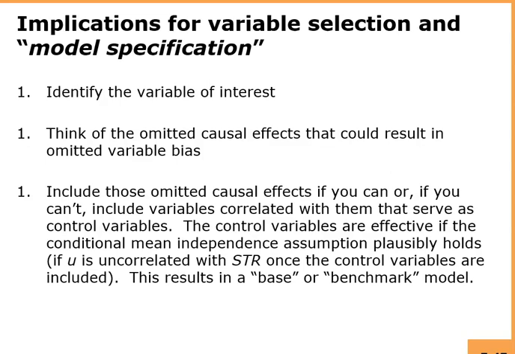So the correlation between u and our variable of interest goes away because of the correlation between the control variable and u, which becomes stronger. That kind of model can serve as our base or benchmark model whenever we are trying to find the right model specification.